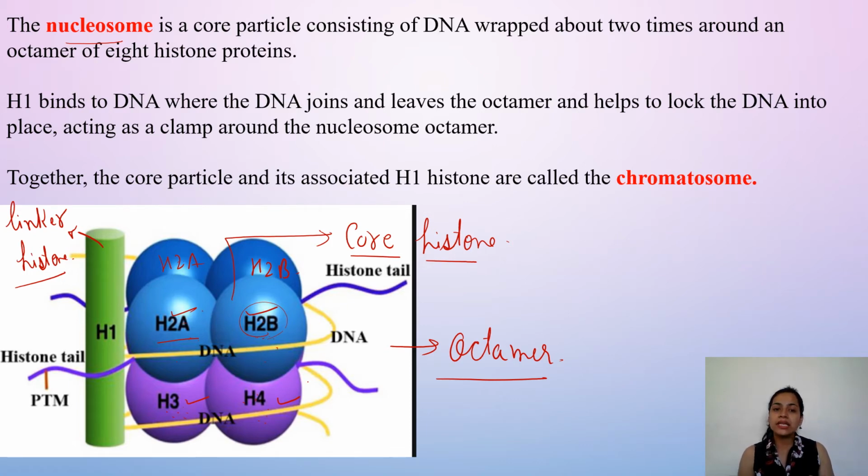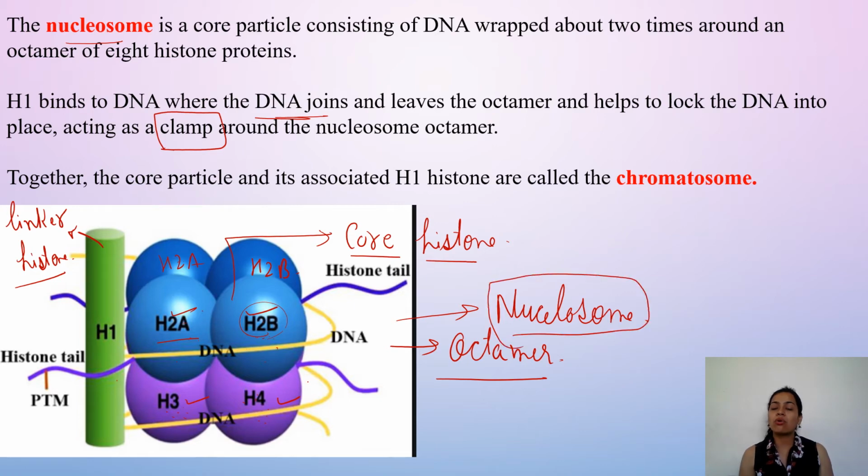And this H1 histone, what does it do? It actually joins the DNA where it enters the octamer and leaves this octamer. At that point this H1 histone is just acting like a clamp. And this whole complex is known as nucleosome.